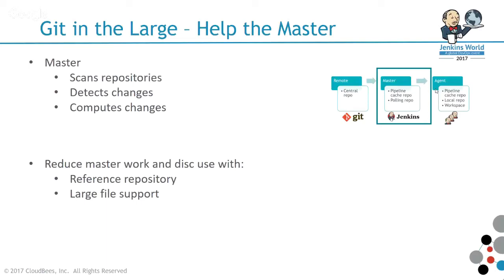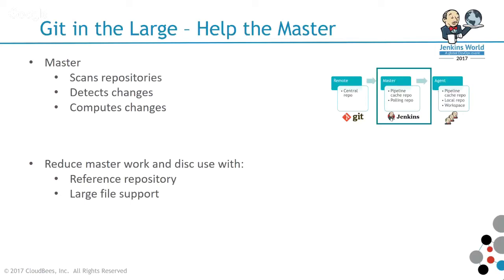So now let's shift our focus away from helping your central server. What can we do to help the Jenkins master? Because there are things that will create load on the Jenkins master if you're dealing with these large files, these large Git repositories as well. So the master typically does pipeline scans of repositories. It also does polling and acts on notifications to check to see if there are changes in the remote repository, in the central repo.